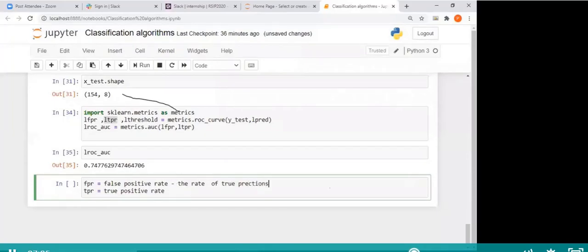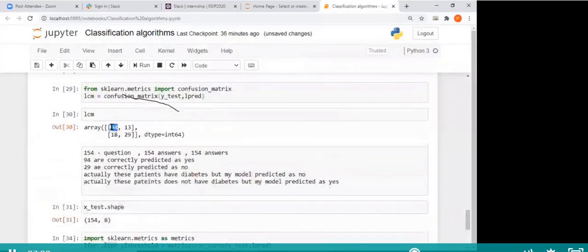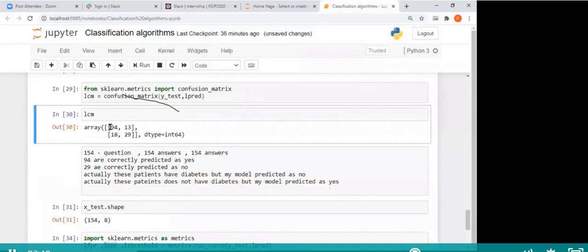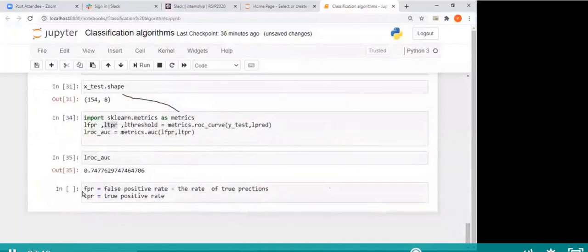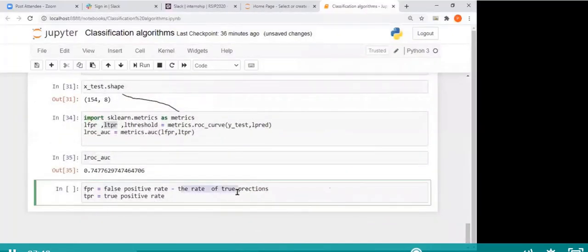Here predictions are how many, true predictions are how many? 94 plus 29. So you will be calculating some rate of these true predictions. TPR is the rate of true predictions, and FPR is the rate of false predictions.